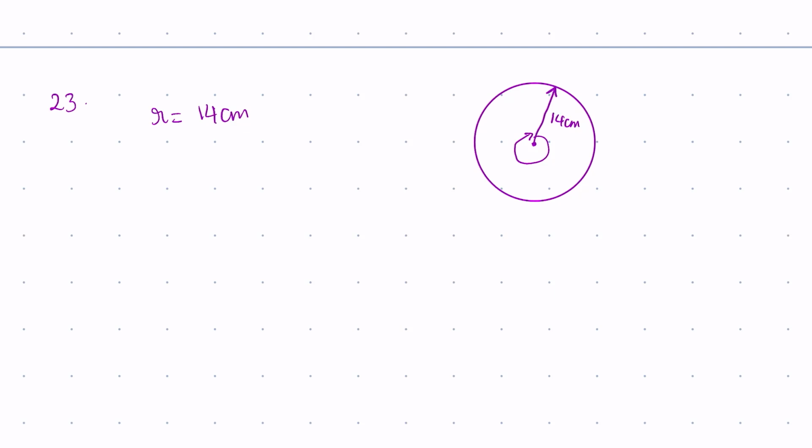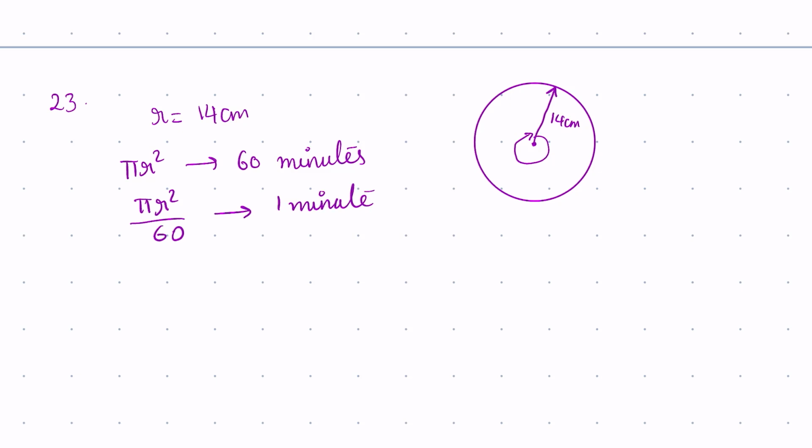The question is, how much area did it sweep in 5 minutes? So if the minute hand sweeps pi r squared area in 60 minutes, how much area will it sweep in 1 minute? Well, in 1 minute it will sweep pi r squared divided by 60, right? That's for 1 minute.